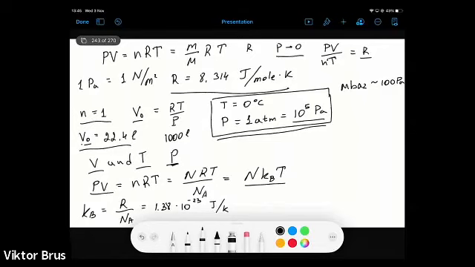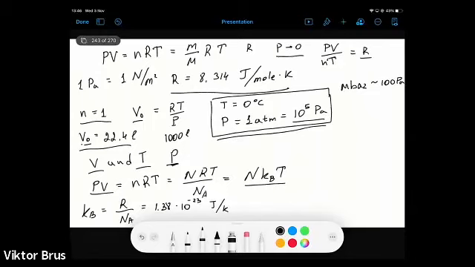As a summary of all this information, we ended up with an equation for the state of the ideal gas, and introduced a new constant, R, the universal gas constant, defining its physical meaning as the work done by 1 mole of ideal gas while expanding under heating by 1 Kelvin at constant pressure. We also considered another form of this equation, given not in terms of the number of moles, but in terms of the total number of atoms, which resulted in the introduction of another constant, the Boltzmann constant.